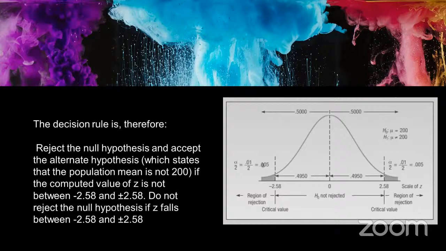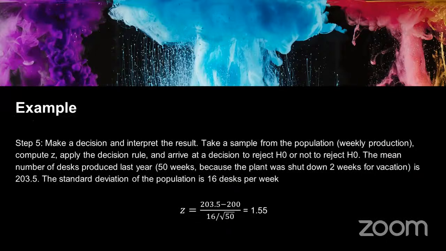The decision rule is therefore: reject the null hypothesis and accept the alternate hypothesis, which states that the population mean is not 200, if the computed value of z is not between minus 2.58 and plus 2.58. Do not reject the null hypothesis if z falls between minus 2.58 and plus 2.58. Step 5, we make a decision and interpret the result.